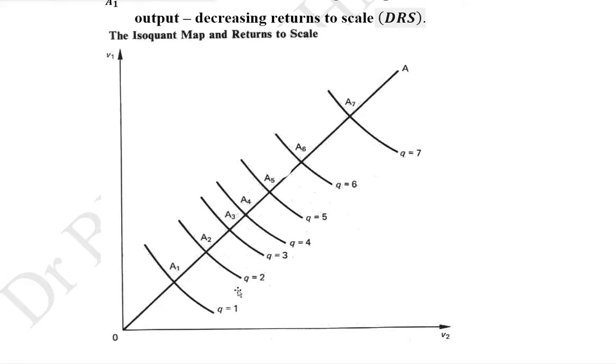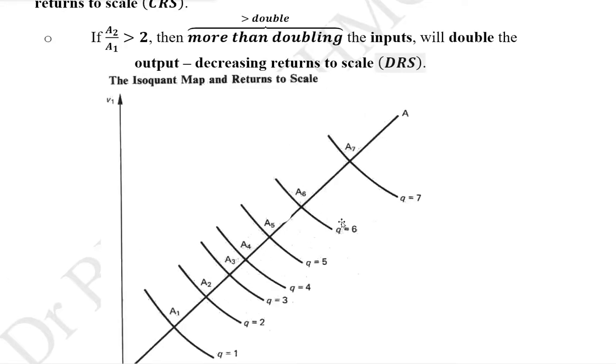As you can see, the output is increased by the difference of 1, and we are taking the ratio of the consecutive points, that is A2, A1 and so on, and we are observing the value that we get on the x-axis and on the y-axis, so that we are able to know the increase in the input on the x-axis and increase on the y-axis, so that we could take the ratio and see the effect on the output.